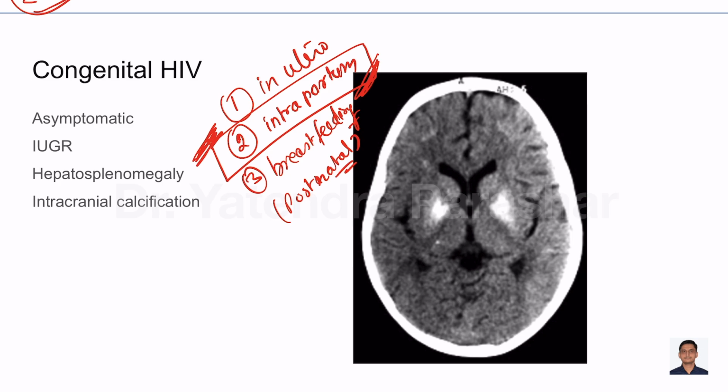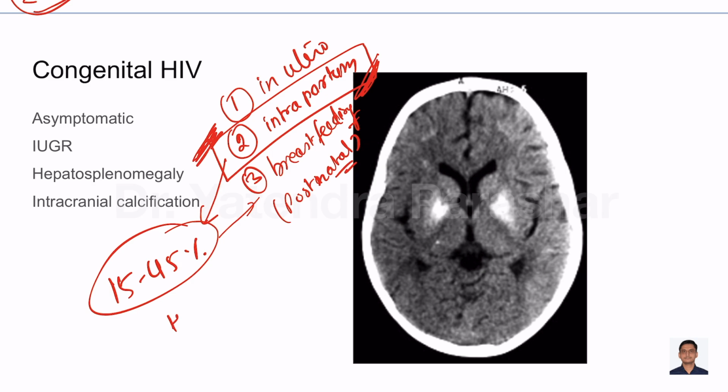Without intervention, transmission risk is 15 to 45%, highest in the intrapartum and least in the feeding period. Risk factors which increases the risk of transmission from mother to fetus include the higher viral load.